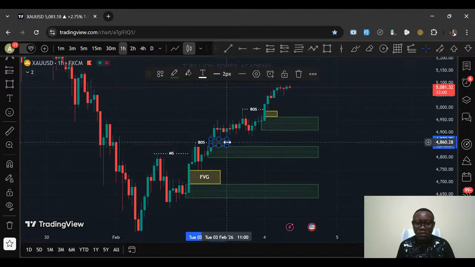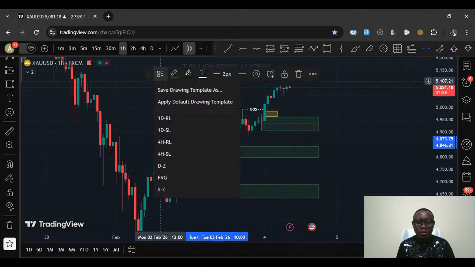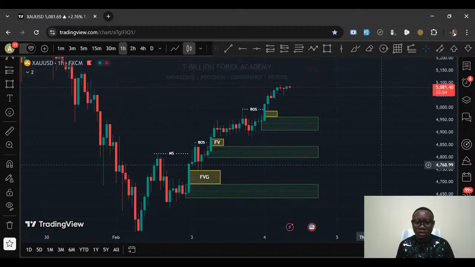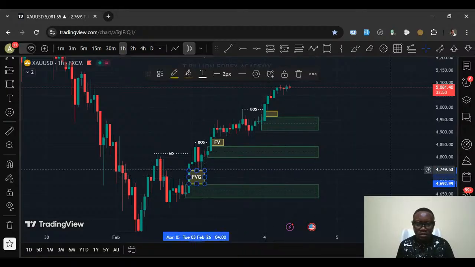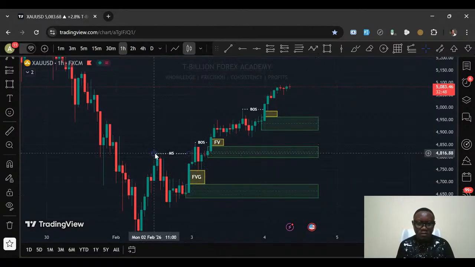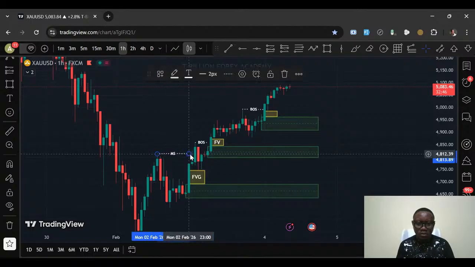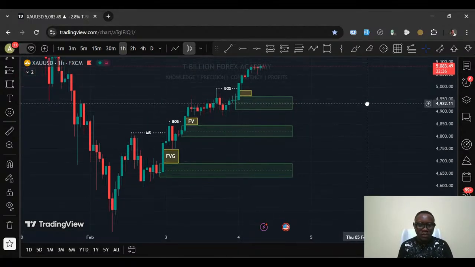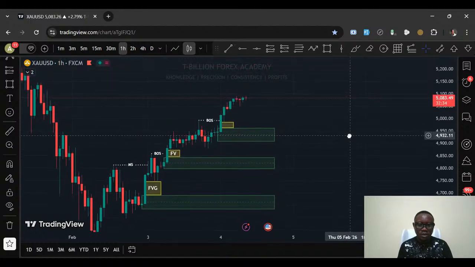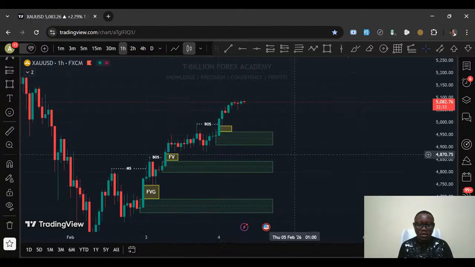Now this is my FVG. For this, it remains the same. The zone is still very much valid. So we have this, we have this, we have this.